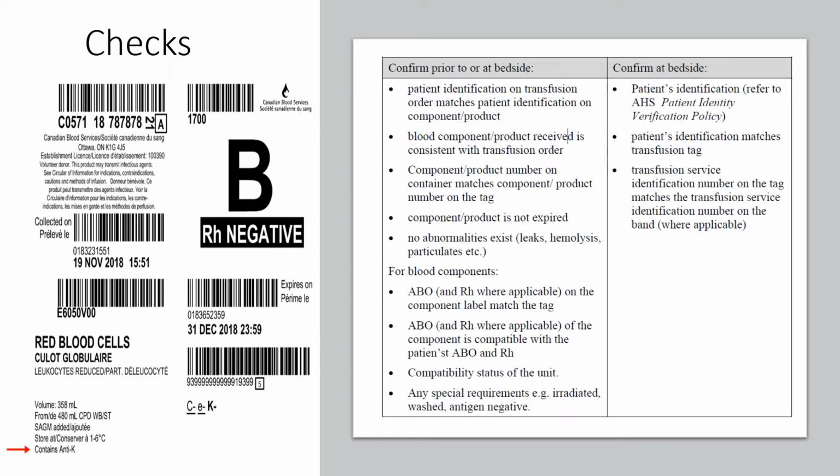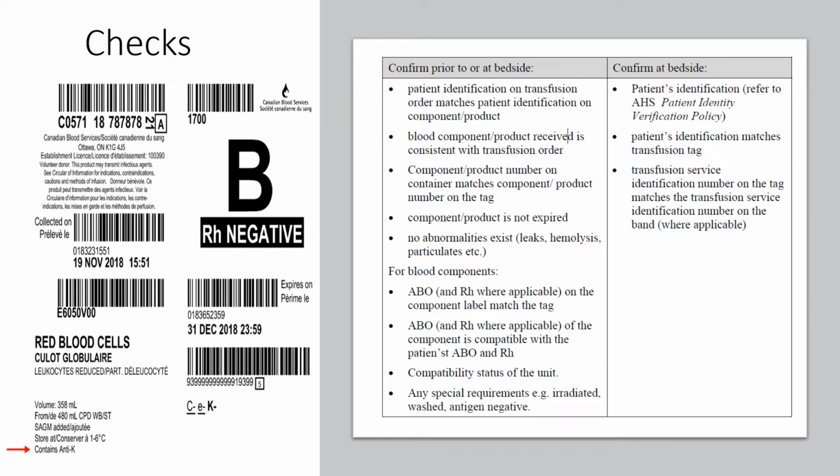Being said that, sometimes we need to transfuse unmatched blood in emergency conditions when there's no time to cross-match. The majority of the time it is done in ICU or in the emergency or in the OR. And the most common type of unmatched blood used is O negative.